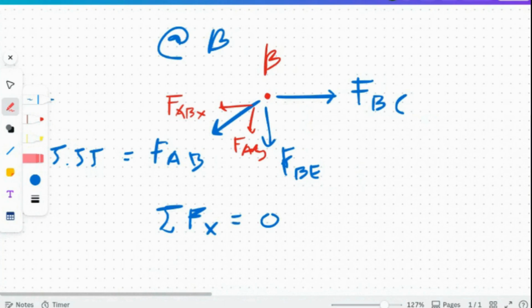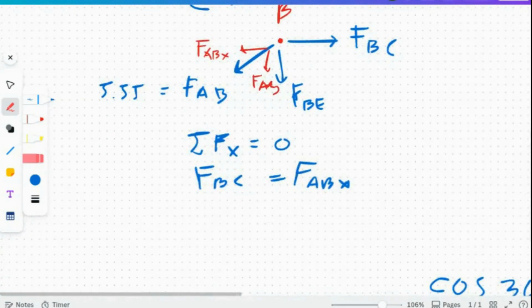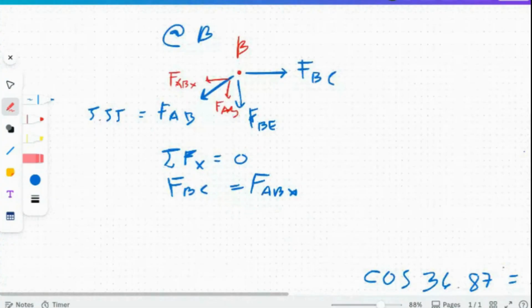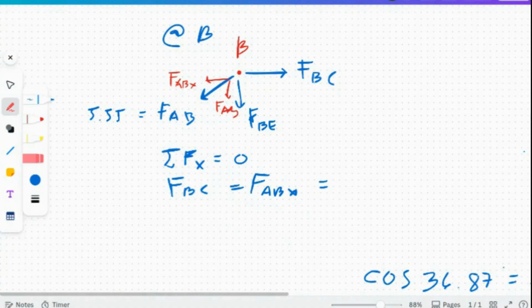So forces going to the right are equal to forces going to the left. Meaning FBC is equal to FABX, which earlier we saw is 4.4, right?